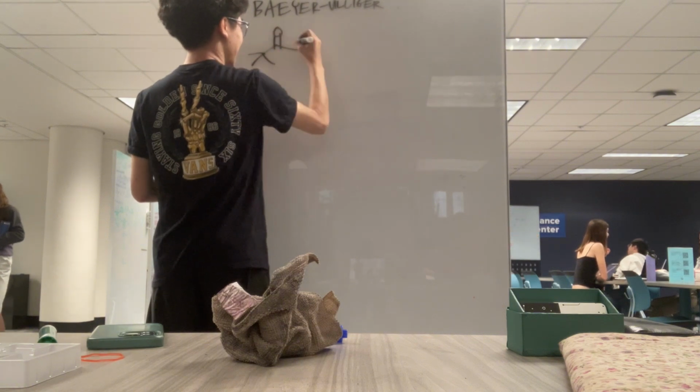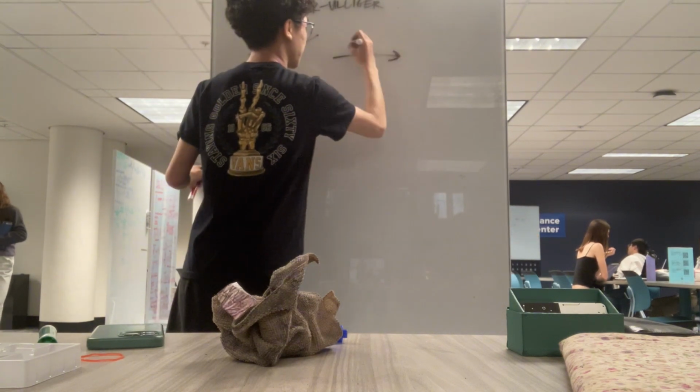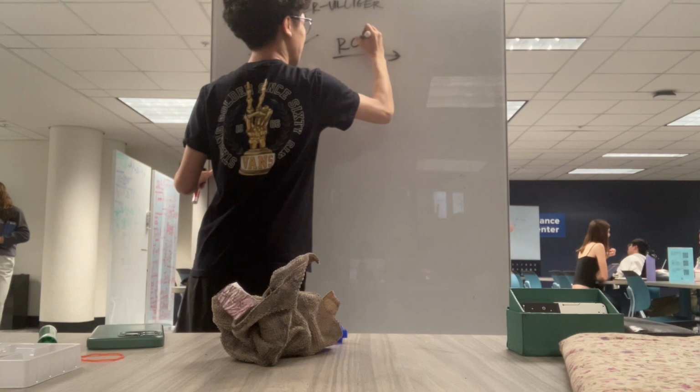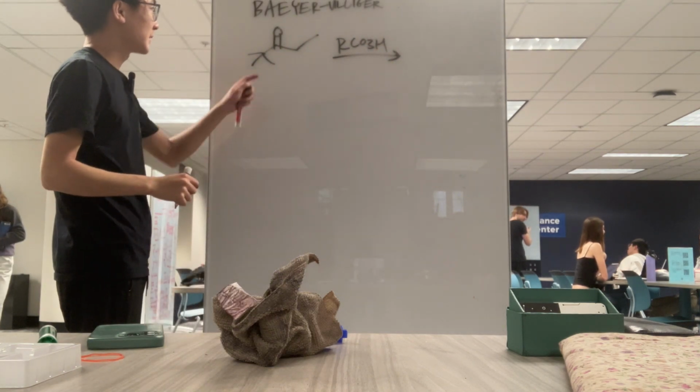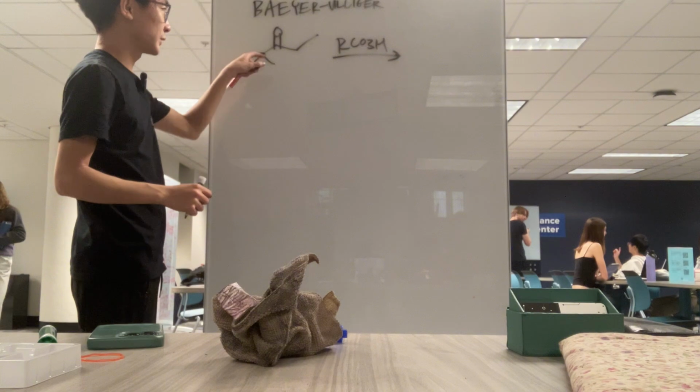If I have this carbonyl here, and we react it with some peroxy acid like RCO3H, we're going to insert an oxygen between the carbonyl carbon and one of these groups here.